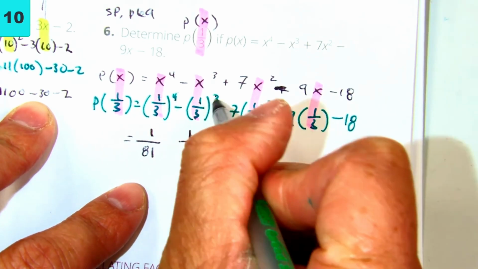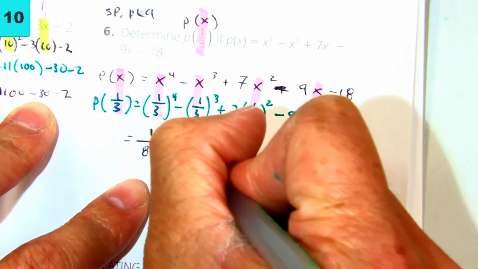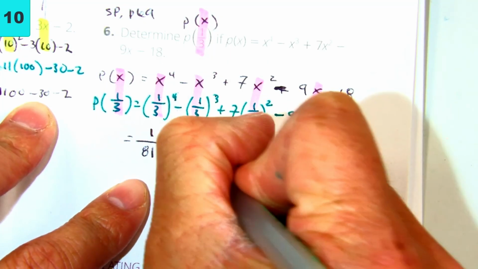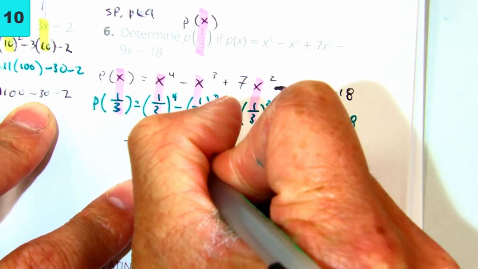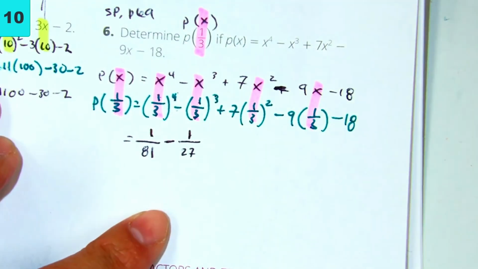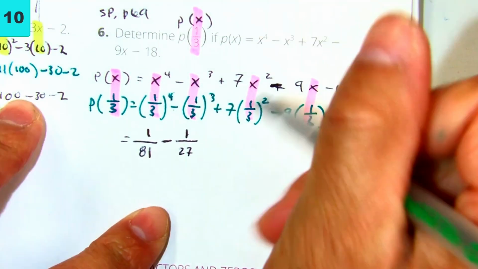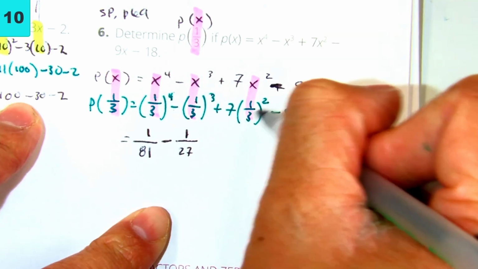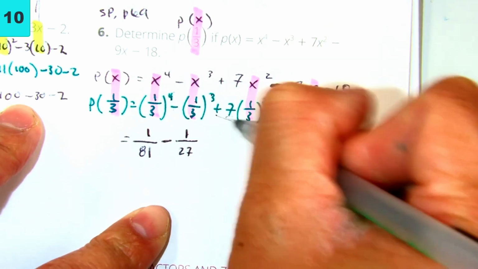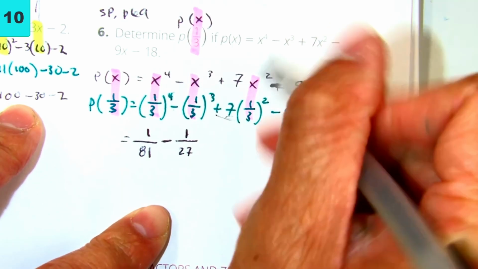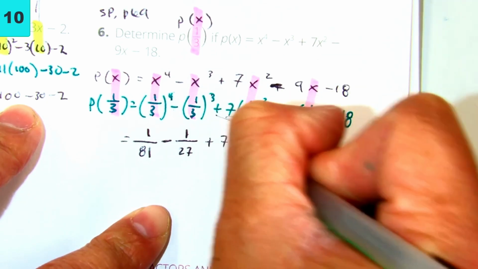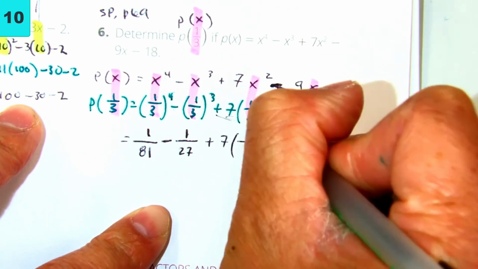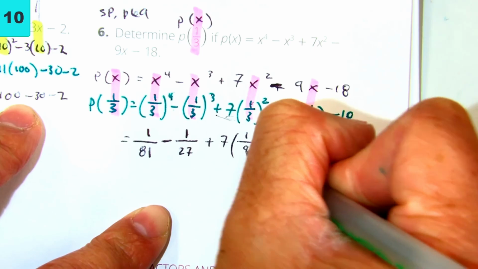Class, 3 to the 3rd power is 27. So I have minus 1 over 27. Remember, we learned on Friday's lesson to do exponents first before you multiply. So 1/3 squared: 1 squared is 1, 3 squared is 9.